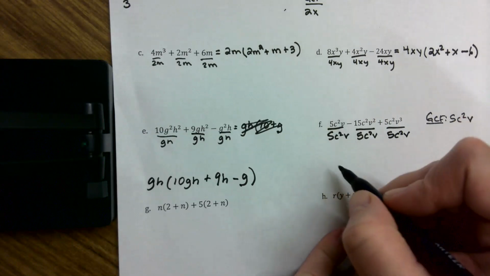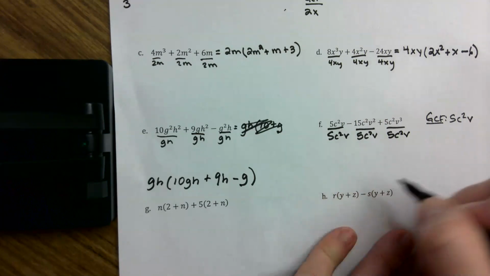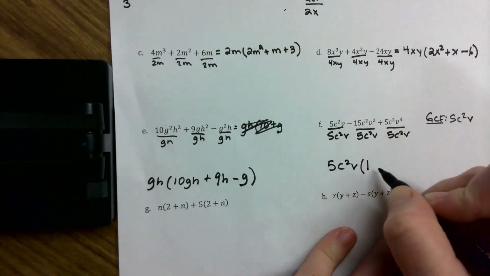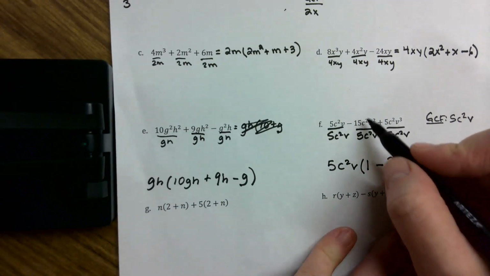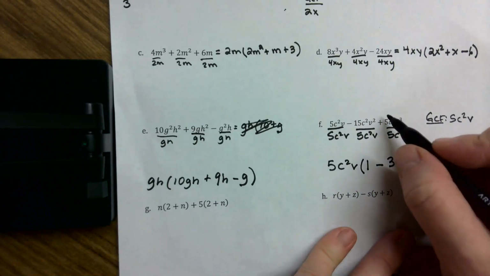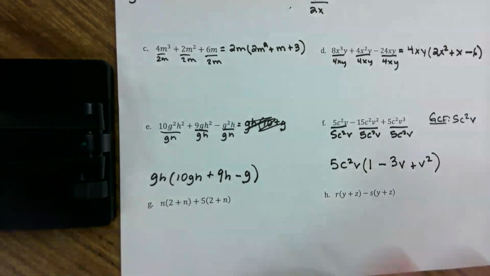You're going to get the 5 simplify, the c simplify, the v simplify. So anything divided by itself is 1. So you're going to get 5c squared v times 1 minus 15 divided by 5 is 3. C squareds cancel. V squared, v plus 5's, c's, can be 2 v's left. And that's it.